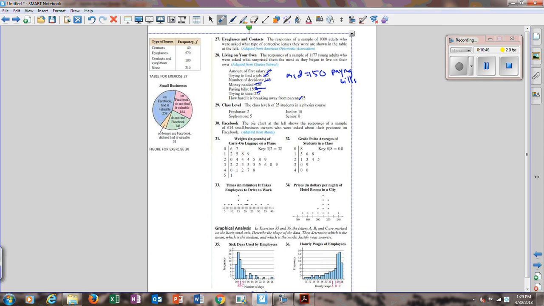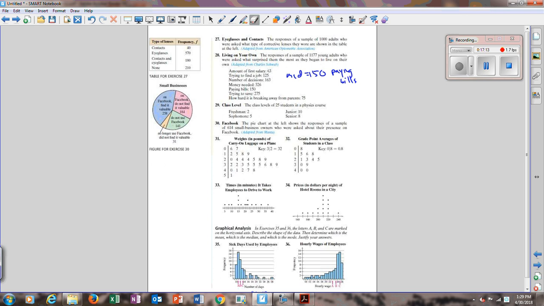Okay. Now, would it make sense to find a mean in this case? No, the mean is just going to be whatever the middle number is. It's not going to tell us any relevant information to this. If there was a mode, it might tell us the two different things that people are worried about most.